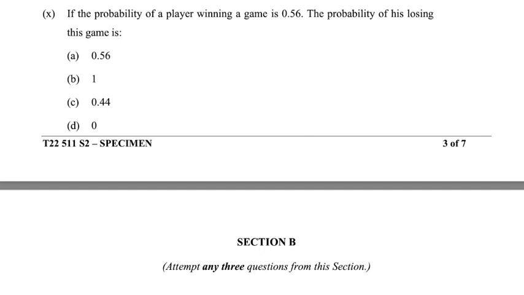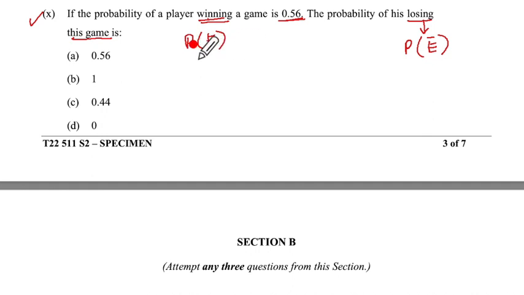Now we come to the last question of our section 1, where we have 10 subparts. We are coming to the 10th subpart. The probability of the player winning a game is 0.56. The probability of him losing the game is. Now if the probability of winning is this, the probability of losing is going to be 1 minus this, because if you call the probability of winning the probability of an event, then the probability of him losing is the probability of E bar.